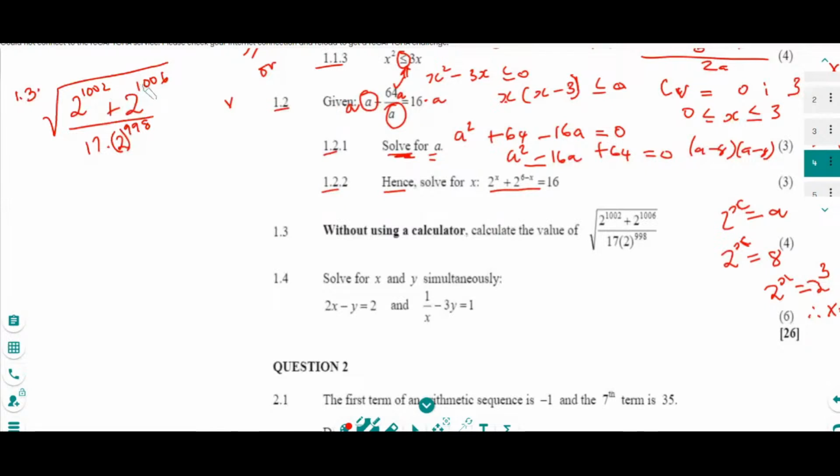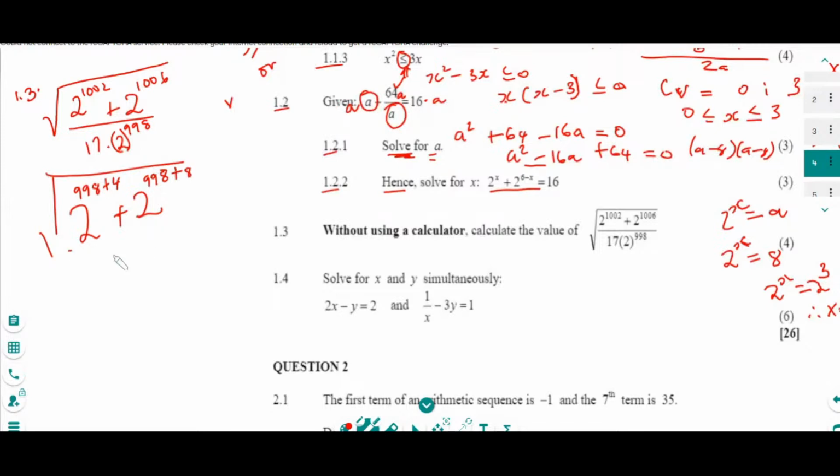So I will break down these bigger exponents into a format that includes the small ones. With the first one, I'll have 2 to the exponent of 998 plus 4, plus 2 to the exponent of 998 plus 8.